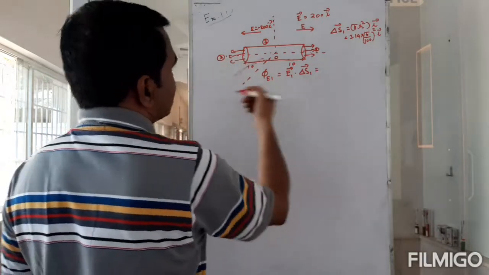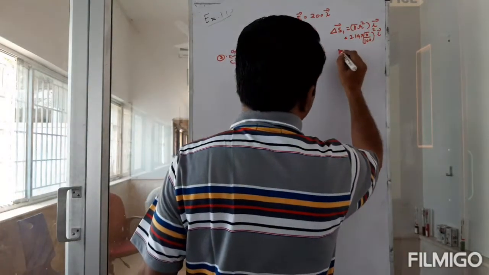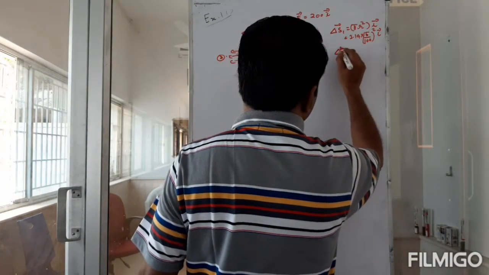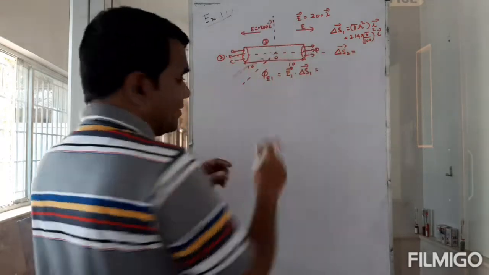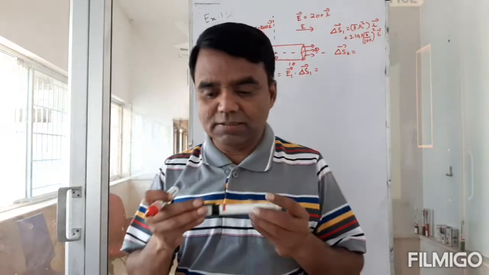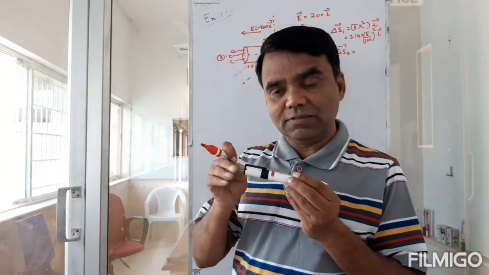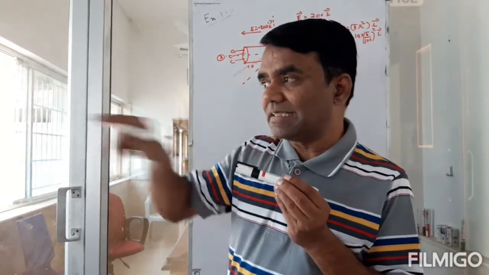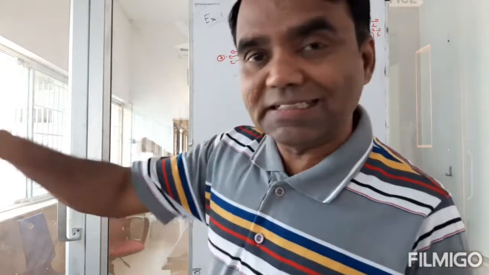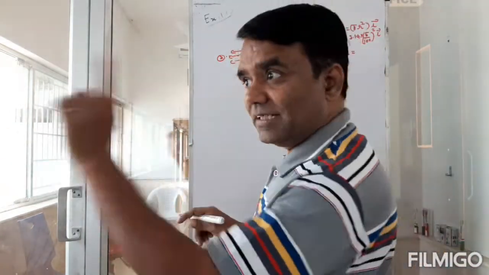But what about delta S2? Delta S2 is actually the same, but on this side. On this side, the same pi r squared, but the outward normal is now in this direction. So, it's in the minus i direction, the negative x direction.